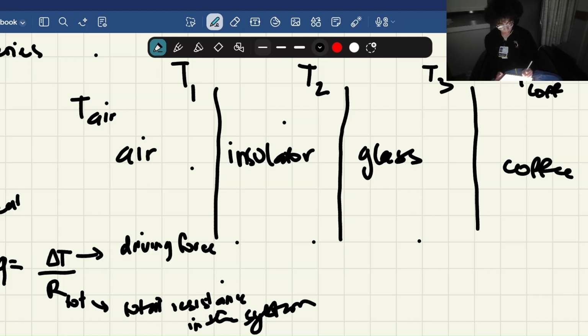And then finally we have T1 minus T air over the resistance of air.